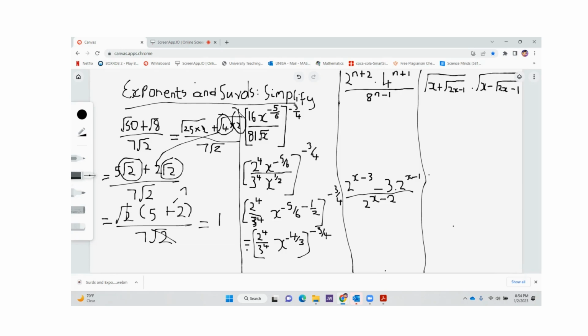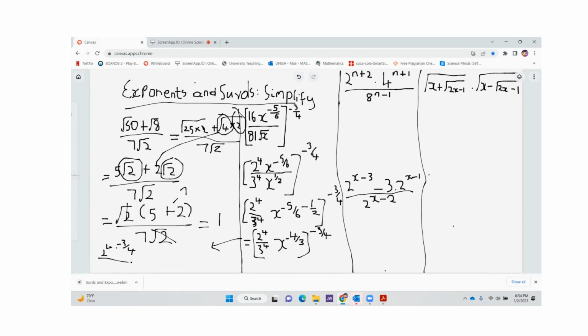All right, so that means then we're going to have 2 to the power of 4 multiplied by the outside exponent, which is minus 3 over 4.